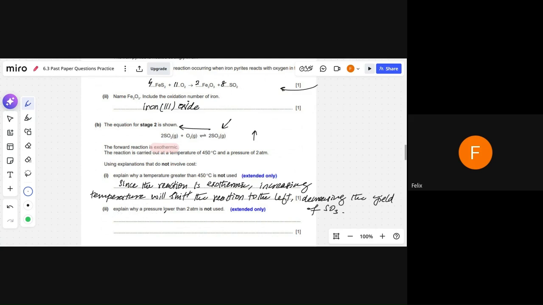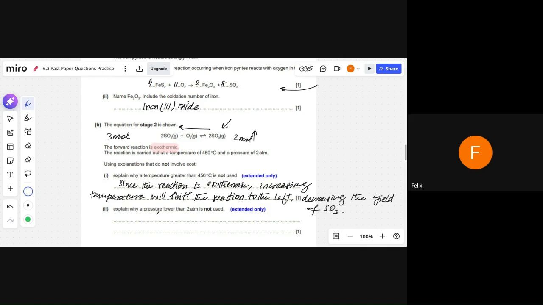Explain why a pressure lower than 2 atmospheres is not used. So again, you can see that we have greater moles on the left side. We have 3 moles on the left, and we have 2 moles on the right side.